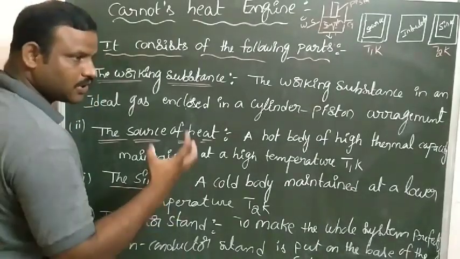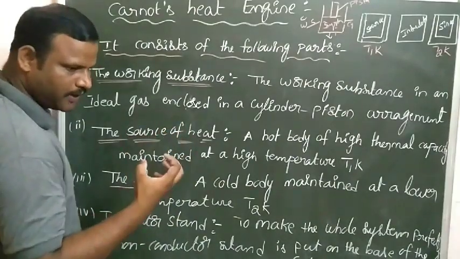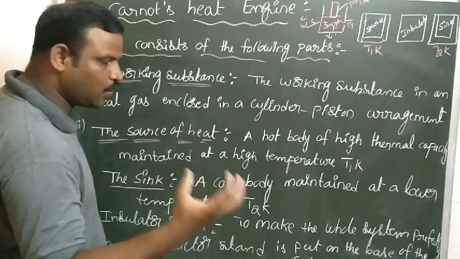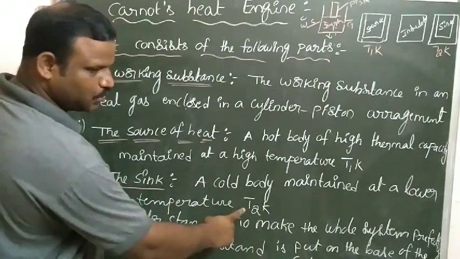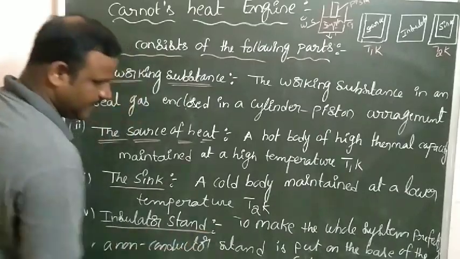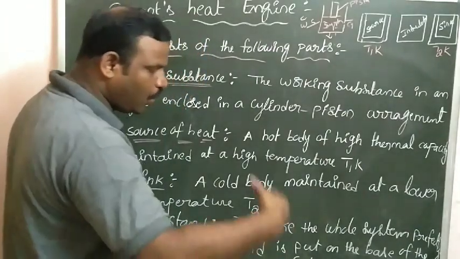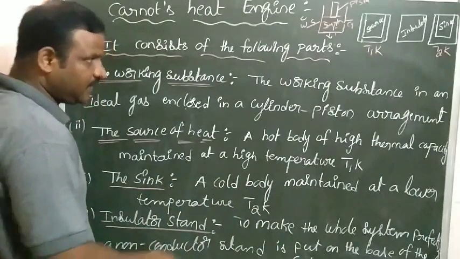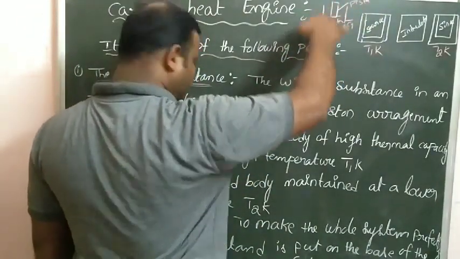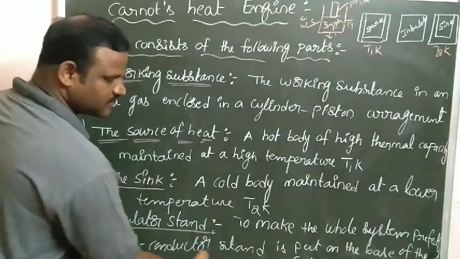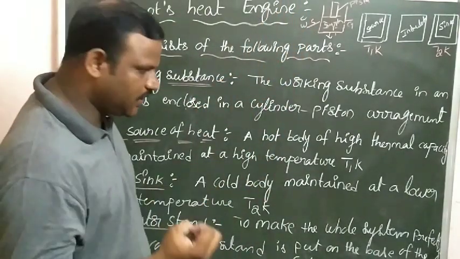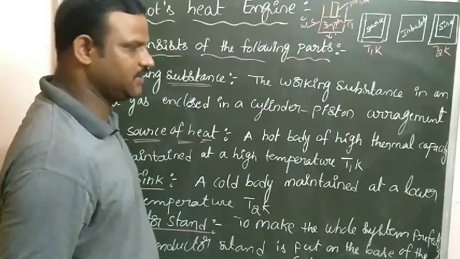This is a cold body maintained at a lower temperature T2 K. Last one, this is the insulator stand. To maintain the whole system perfectly, a non-conductor stand is put on the base of the cylinder.